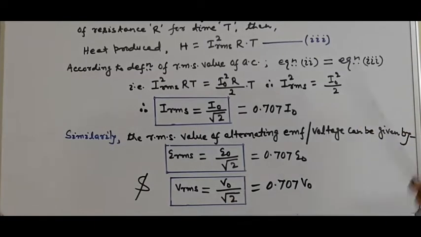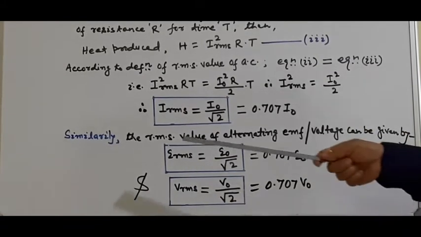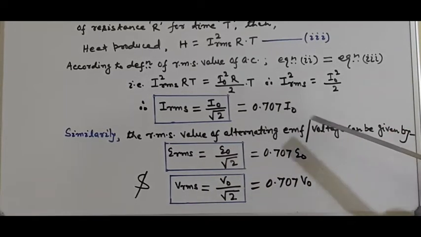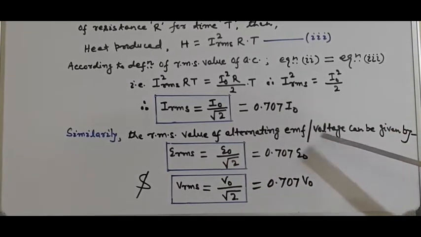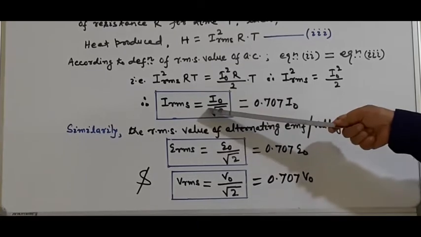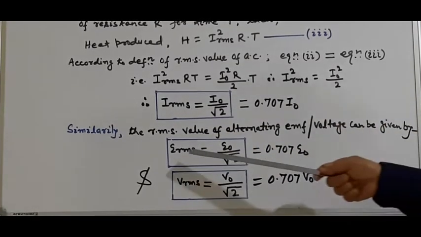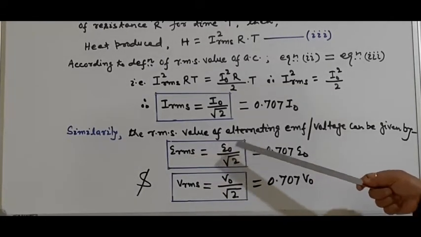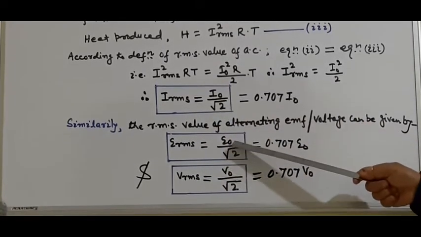So students, in a similar manner, we may write the RMS value of alternating EMF and RMS value of alternating voltage with the help of this relation. It can be given by ERMS, RMS value of alternating EMF, is E naught by under root 2. At the place of I naught we shall write E naught by under root 2.